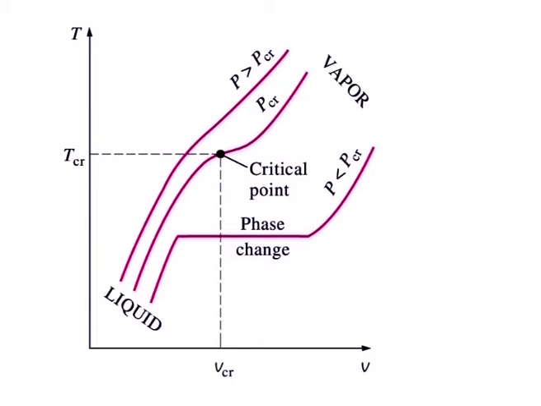Above the critical state, there is no line that separates the compressed liquid region and the superheated vapor region. However, it is customary to refer to the substance as superheated vapor at temperatures above the critical temperature and as compressed liquid at temperatures below the critical temperature.